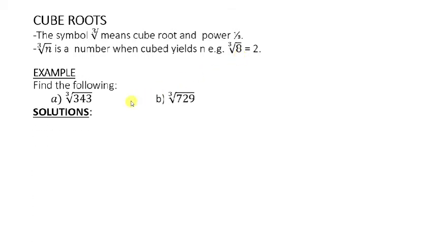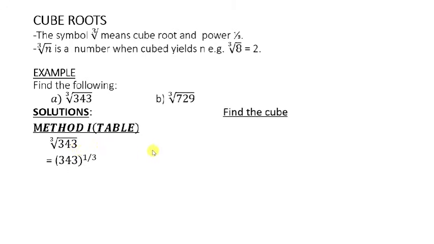We have: find the following. A, the cube root of 343, and B, the cube root of 729. So we'll still use the table. First, we have the cube root of 343. Now, for us to find the cube root, we have to first check if 343 is a perfect cubic number.